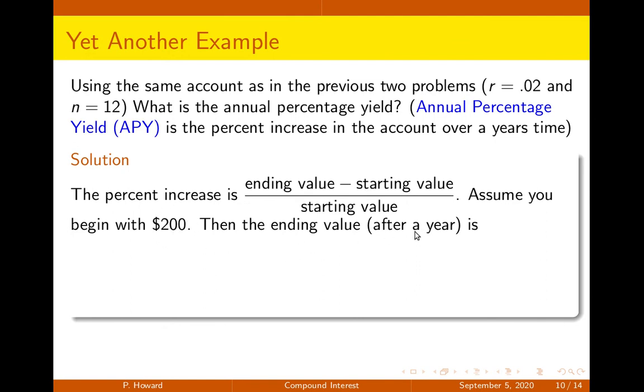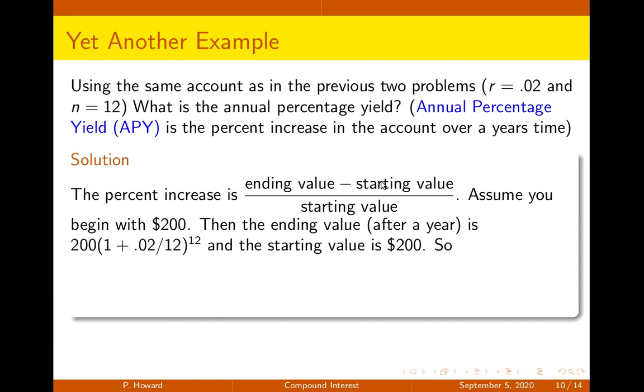Then we can calculate the ending value after a year using our compound interest formula. The ending value will be 200 times 1 plus 0.02 over 12, raised to the 12 times 1. Right, we're going for 1 year. And the starting value is 200. So those are the two figures we need to find the percent increase.